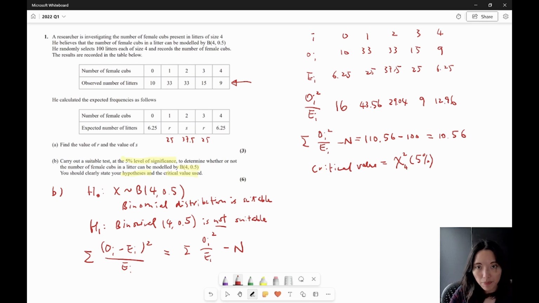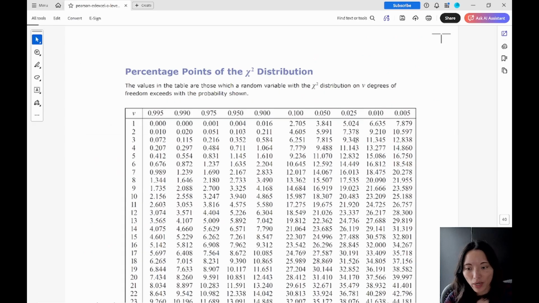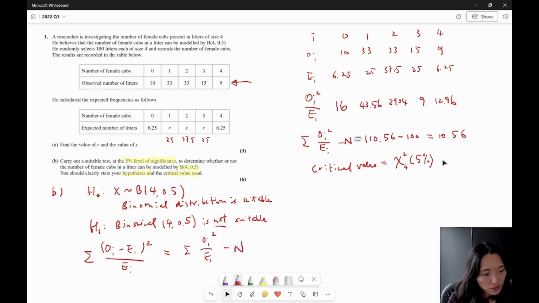Let's take a look at the statistics table. This is where we see percentage points of the chi-square distribution. We're interested in 4 degrees of freedom, significance level of 5%, and therefore the critical value is 9.488. So the critical value is 9.488.